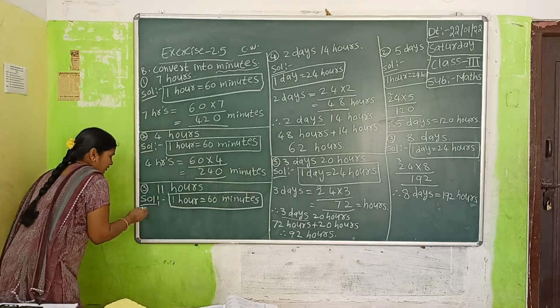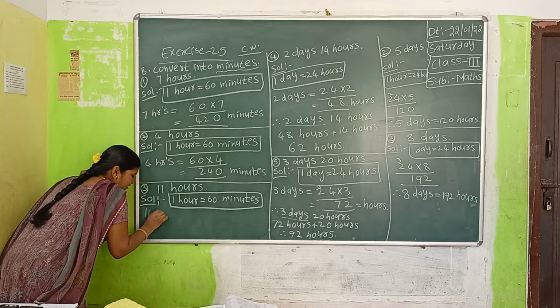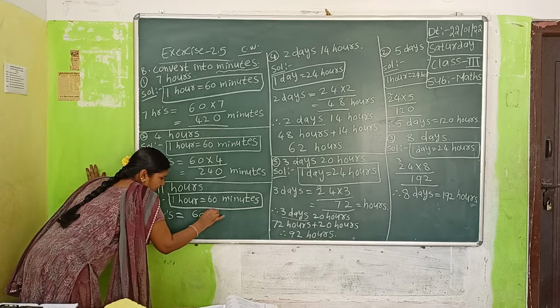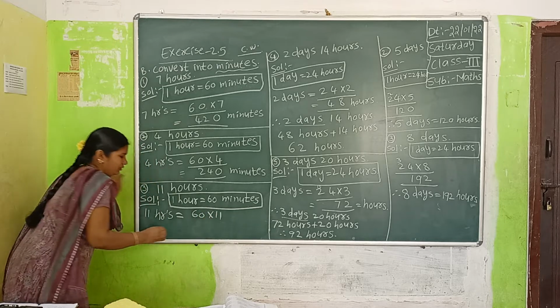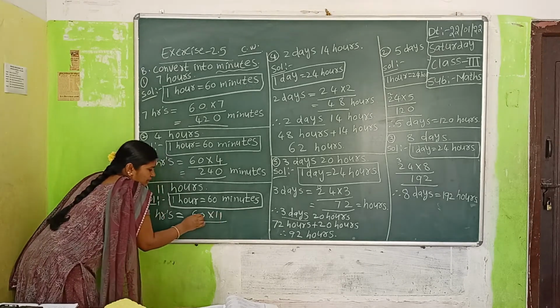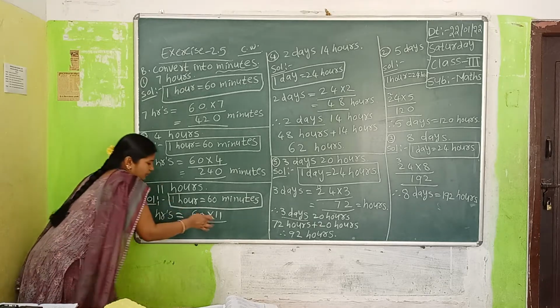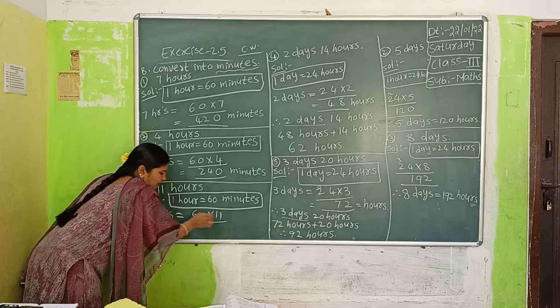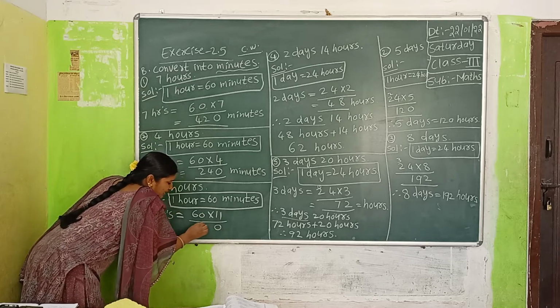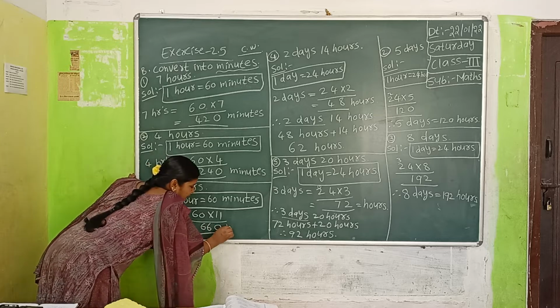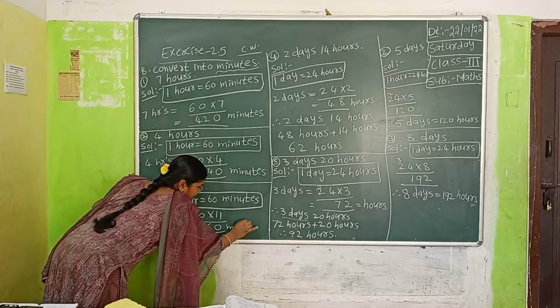Okay. Now convert 11 hours. 11 hours equals 60 into 11. Okay, it is a 2-digit multiplication. If you know it, directly write it down. 11 into 0, 0. 11 sixes are 66. 660 what? Minutes.